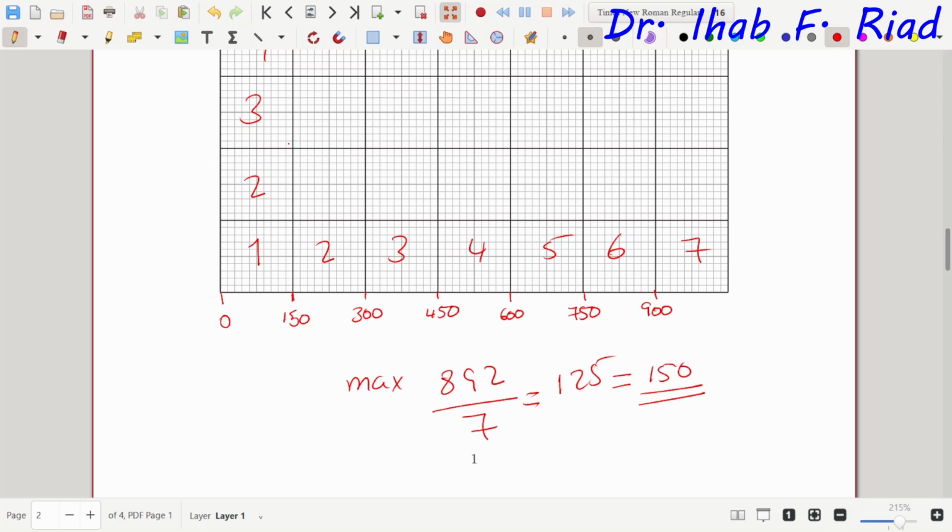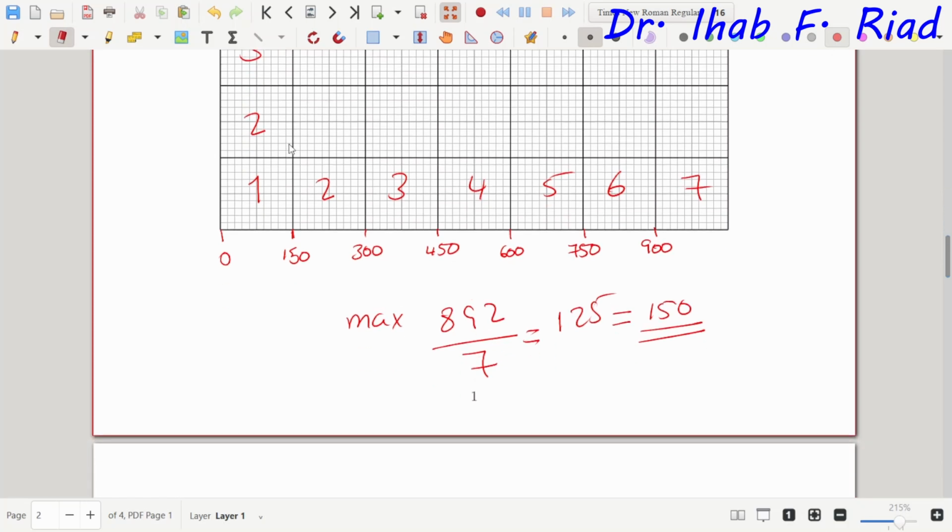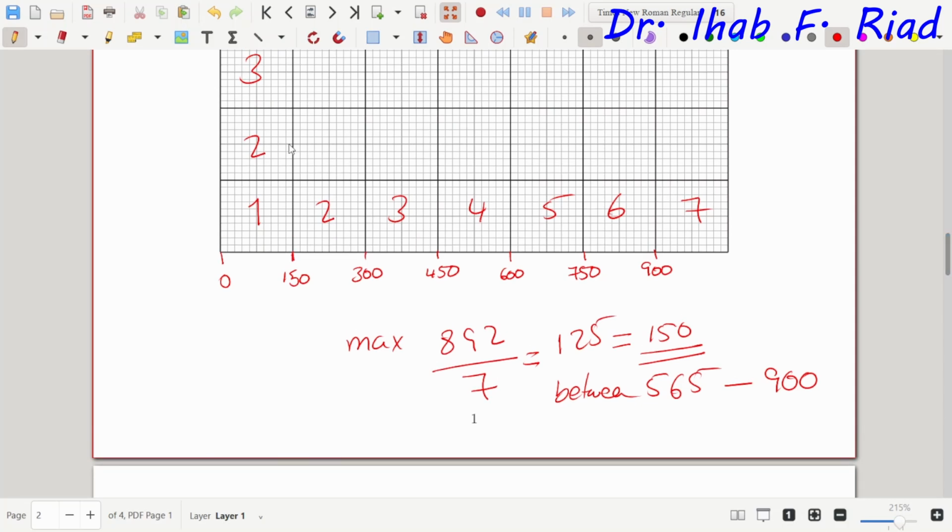Now let us see how many squares we are going to use to represent data between 565 and 900. On the x-axis, 565 is something like here. This is 500, and this is 900.